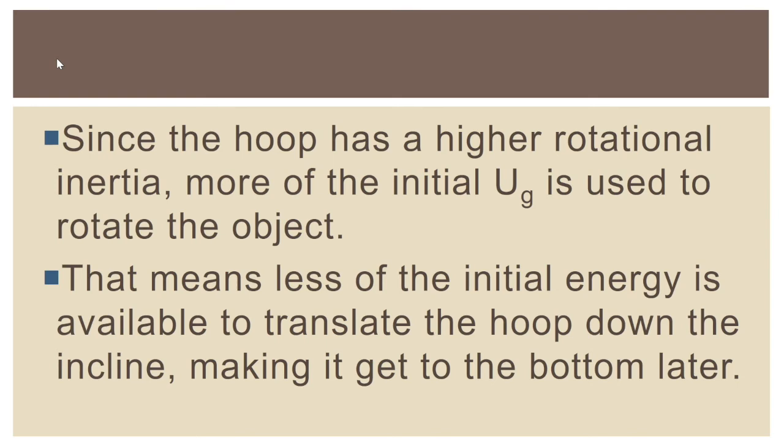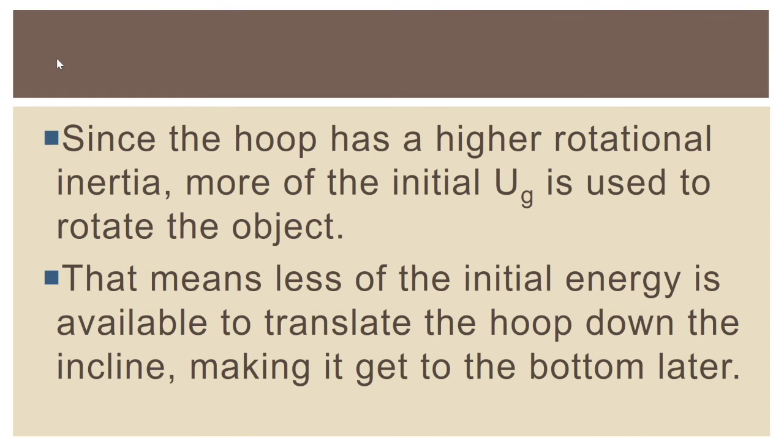And what that means is less of the initial energy is available to translate the hoop down the incline, which makes it get to the bottom slower. And because of that whole thing we said about average speed before, if it has a smaller final velocity, that means it takes more time. Slower final velocity means slower average velocity over the same distance.